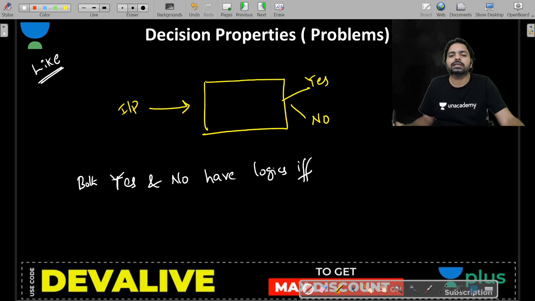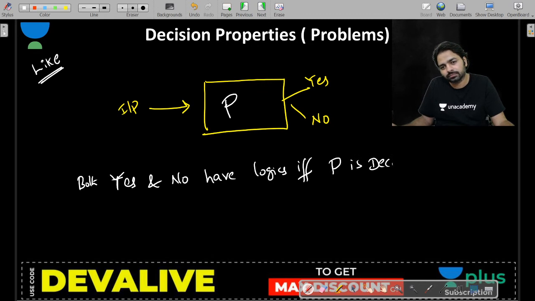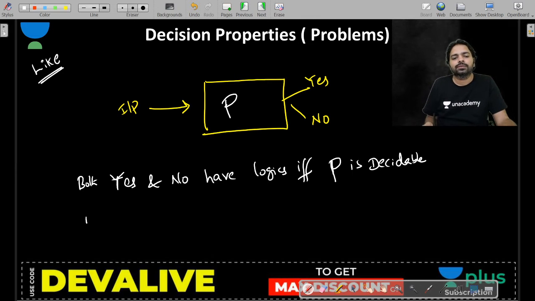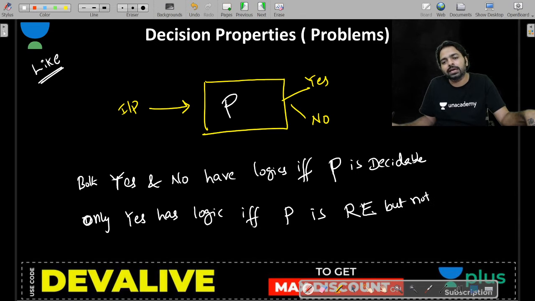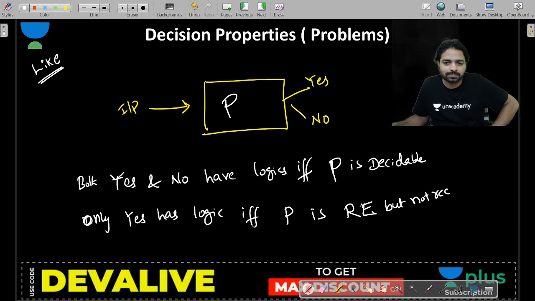If and only if P is decidable, where P is a problem. If only yes has logic, it means no has no logic, if and only if P is RE but not recursive, meaning semi-decidable but undecidable, SD and UD.